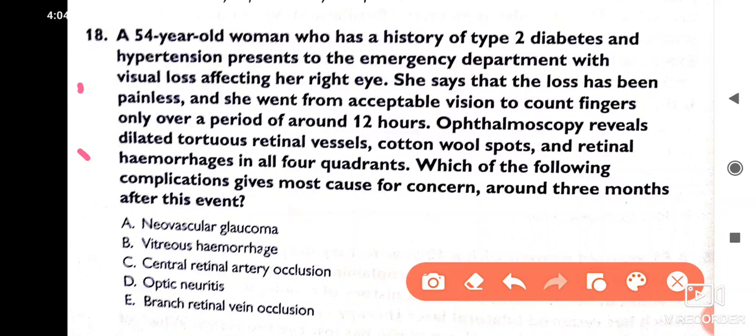Ophthalmoscopy reveals dilated tortuous retinal vessels, cotton wool spots and retinal hemorrhages in all 4 quadrants. Which of the following complications gives most cause for concern around 3 months after this event? It is neovascular glaucoma.